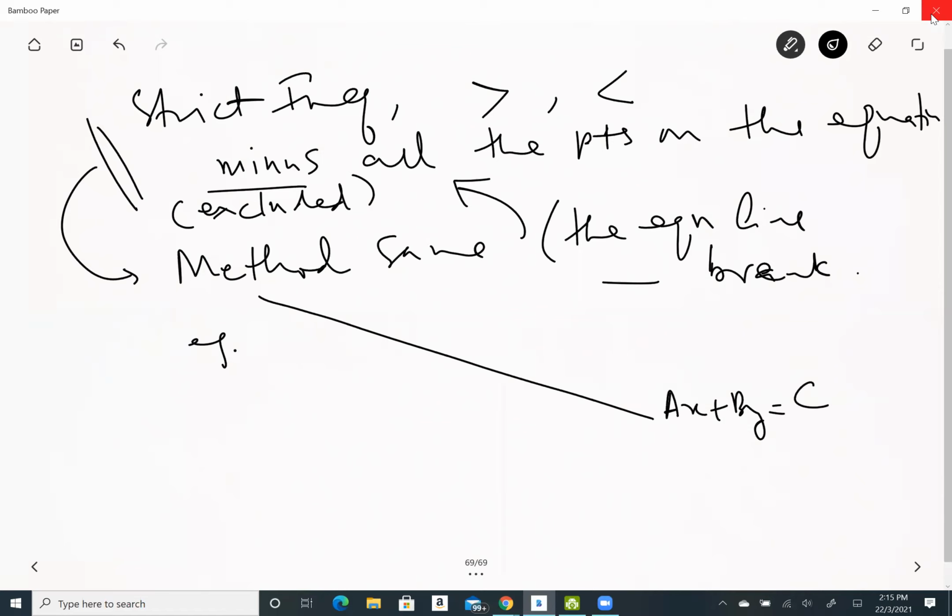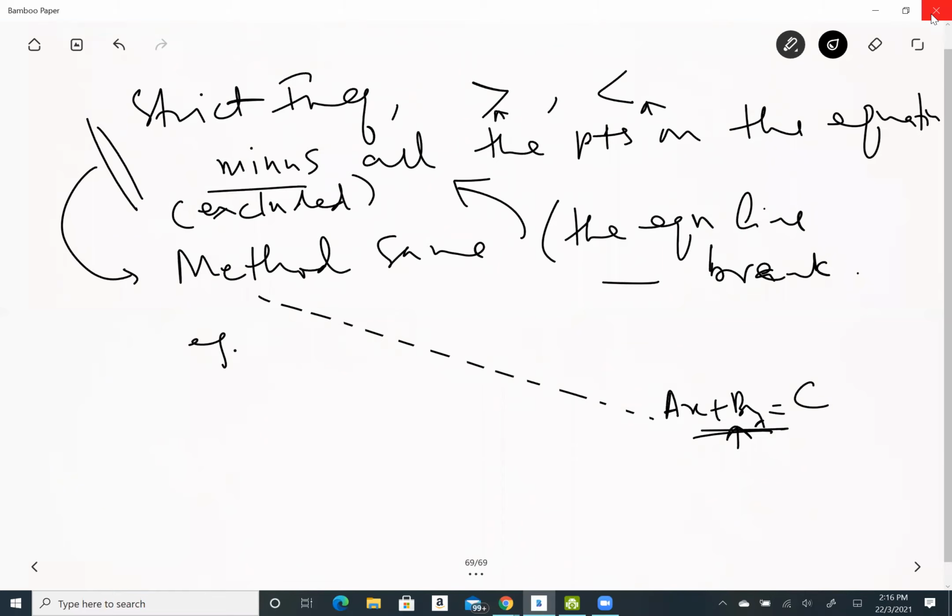To indicate the strict inequality, either bigger than or less than, we simply show the broken line. You don't show a continuous line, you show a break like this. That's how we do it, because the points on that line, on the equation, are excluded and do not belong to the inequality.